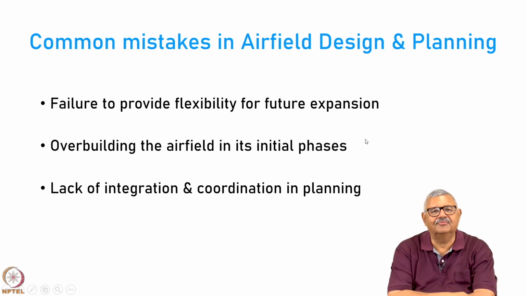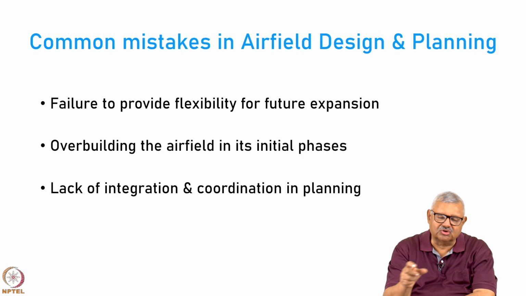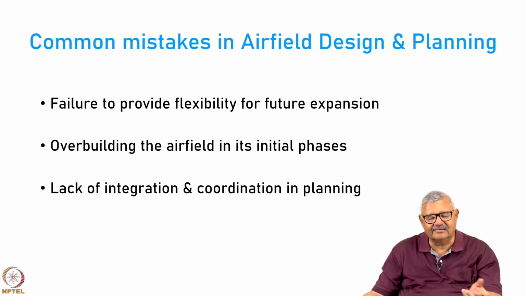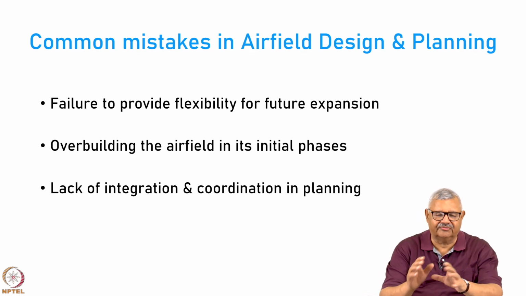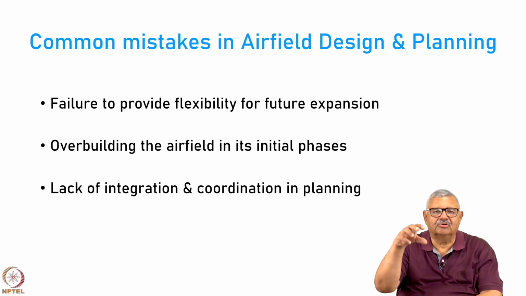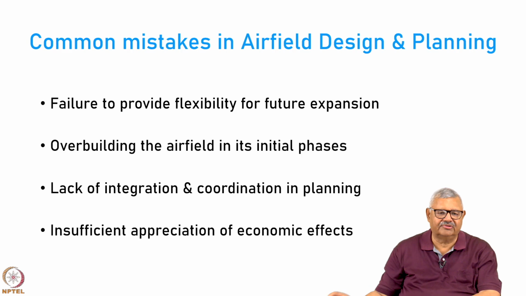Then many a times there are problems in operations because of the lack of integration and coordination in planning. So, due to that there will be encroachment of items in the various surfaces, and those will create safety issues. So, they have to barricade those structures, you have to put signs on the airport, maybe you have to put some lighting in the night to warn the pilots about those things.